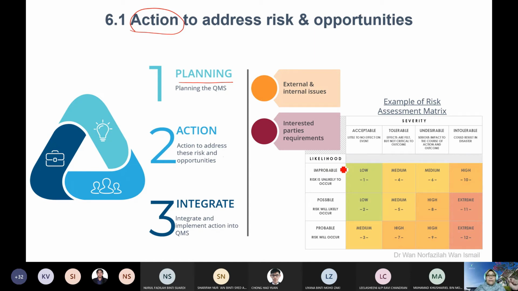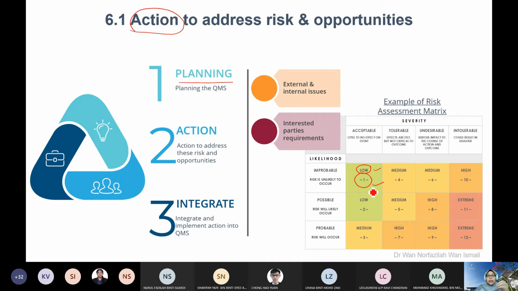For example, if you think that the risk will give no or little effect to the process, and the probability that the risk happen is very low, you can mark that risk as 1, or you can put it as low. Depends on the company, depends on the organization. They can choose whatever terms they want to use, low, or they can put as 1.